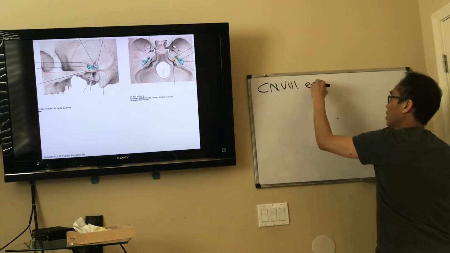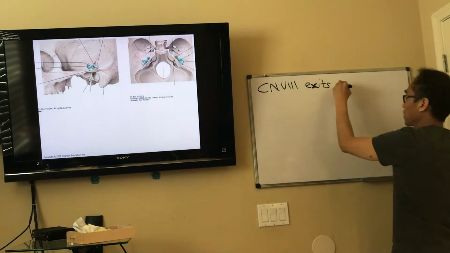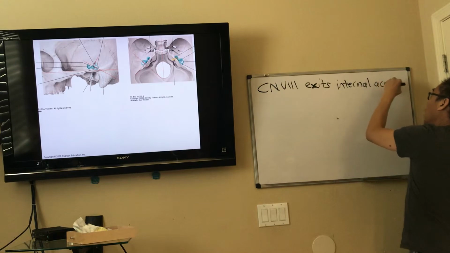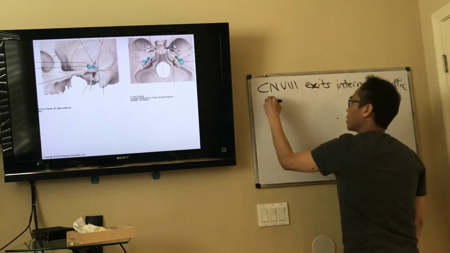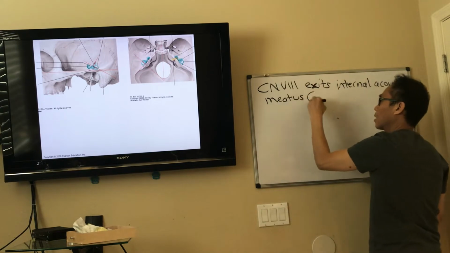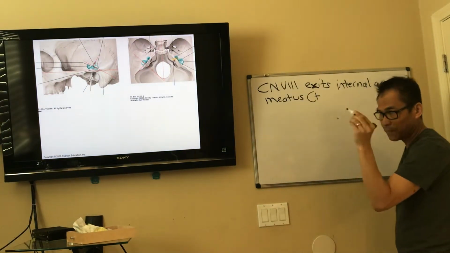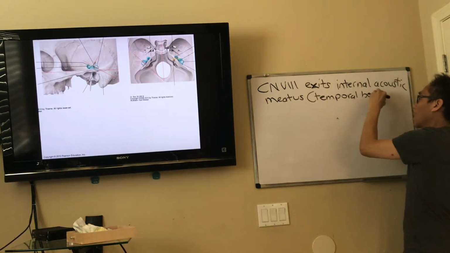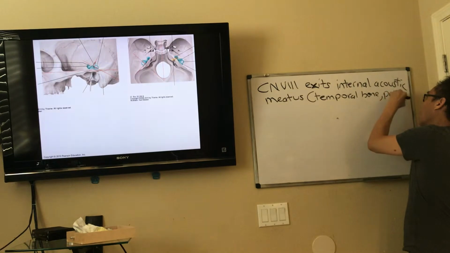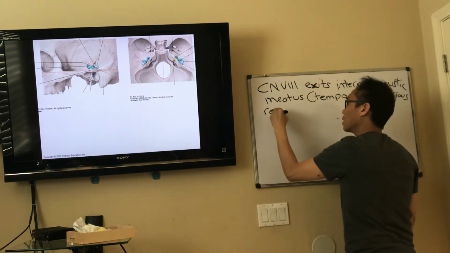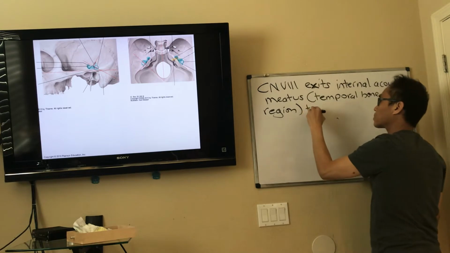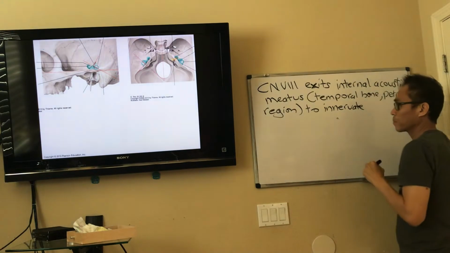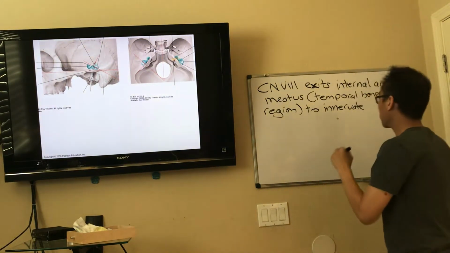So cranial nerve 8 exits internal acoustic meatus. Remember, we're in the temporal bone, petrous region, to innervate the cochlea and vestibular apparatus.